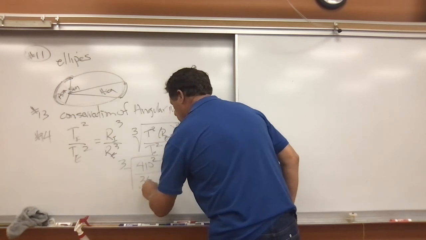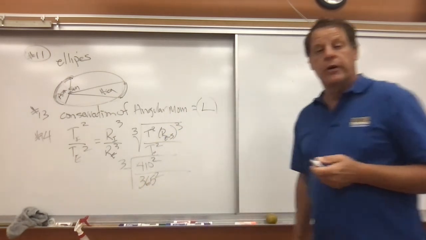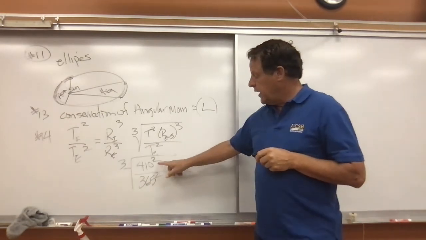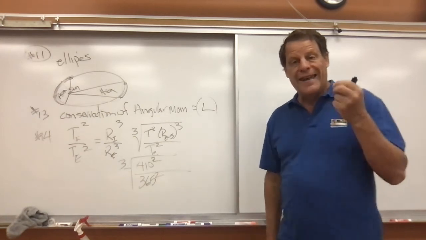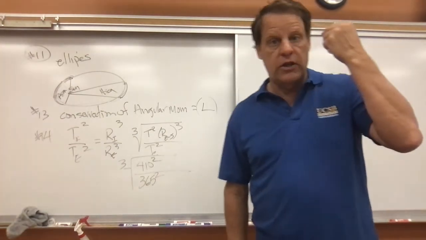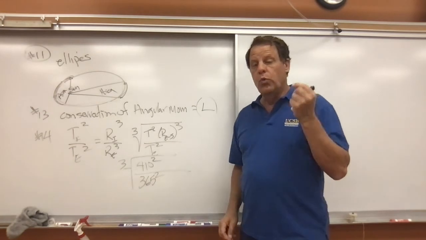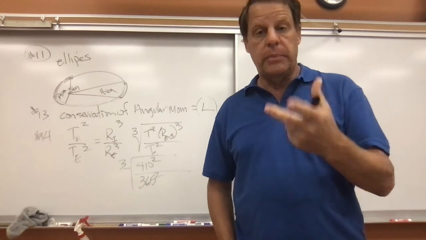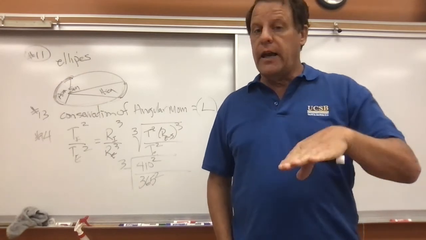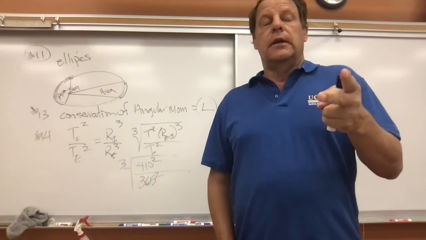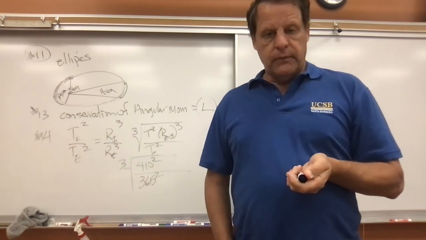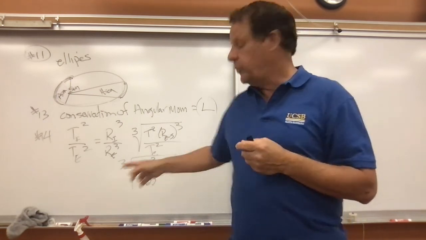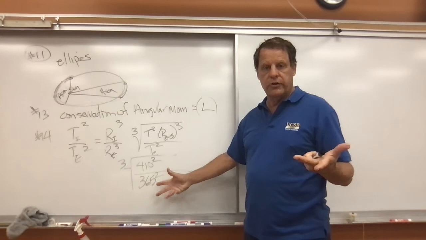The period of the Earth going around the sun is 365 days. Now, you guys, you might have noticed that we did not change that into seconds, which we would whenever you use the constant big G, the gravitational constant. You've got to have everything in meters and seconds. But because we have days squared over days squared, they're just going to cancel each other out.